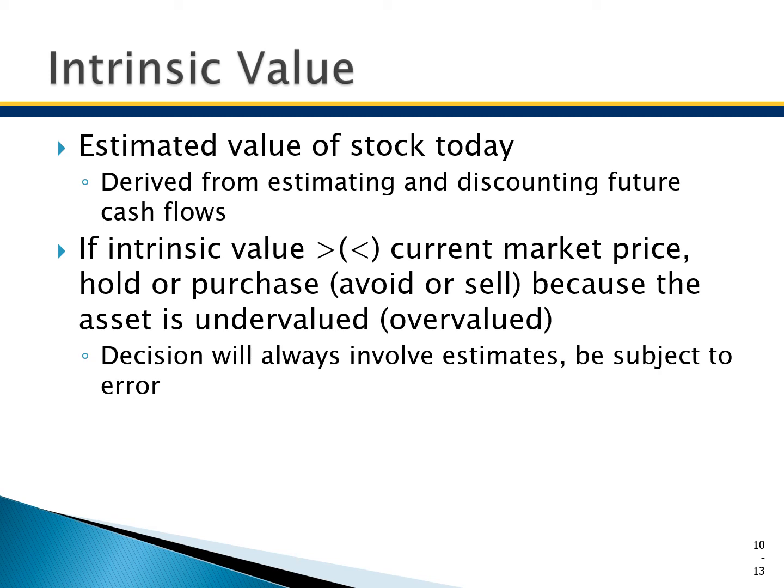And if the value which you have determined is less than the current market price, the asset is overvalued and should be avoided and sold if held. Then if the value you have determined is equal to the current market price, this implies an equilibrium situation, and it shows that the asset is correctly valued.